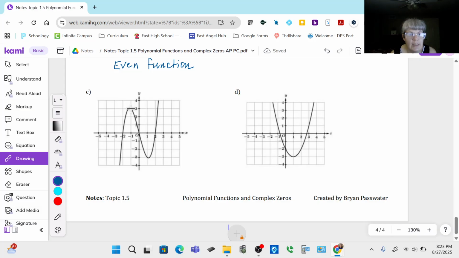It might come up slightly above 3 when it hits this maximum here. So I'm going to say at -1, I'm at 3. Well, the opposite of -1 is 1, and I'm at -3. I have opposite inputs giving me opposite outputs, so this is going to be an odd function.